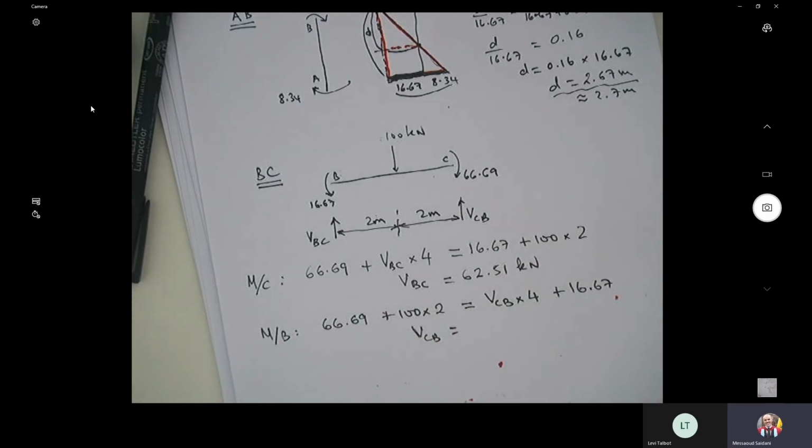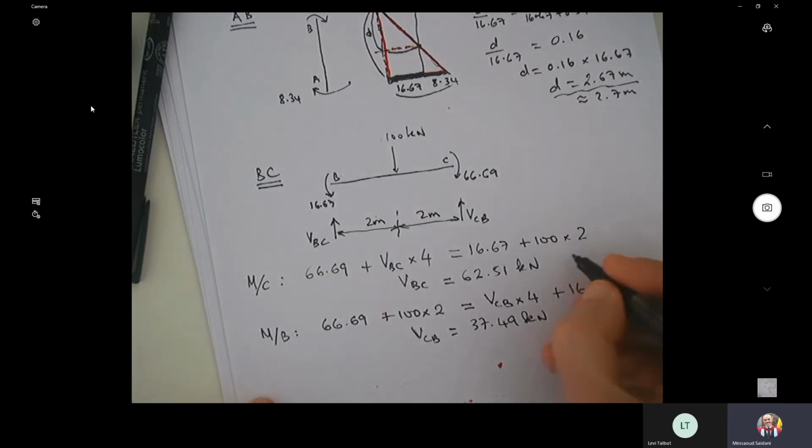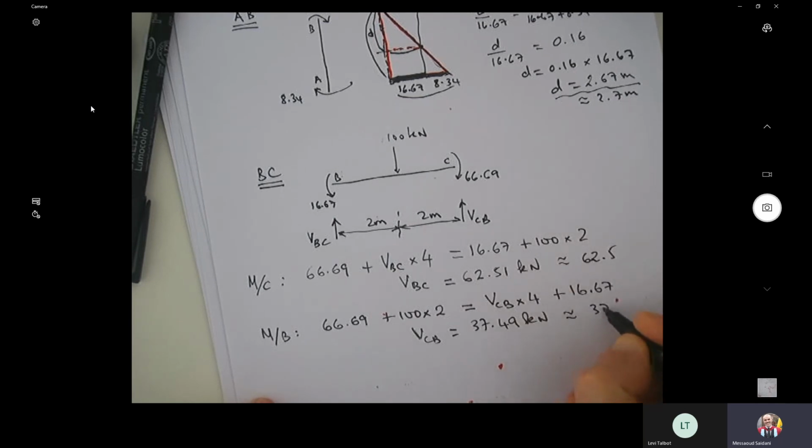It should be 37-ish. 37.49. If you want to have it as one decimal place, it's up to you. That's 62.5, and that's 37.5.